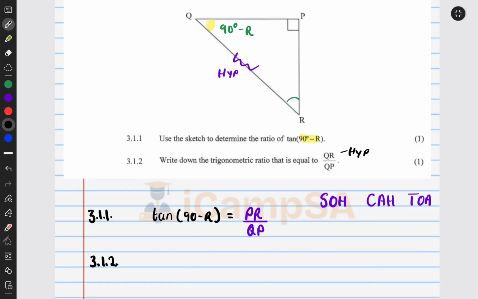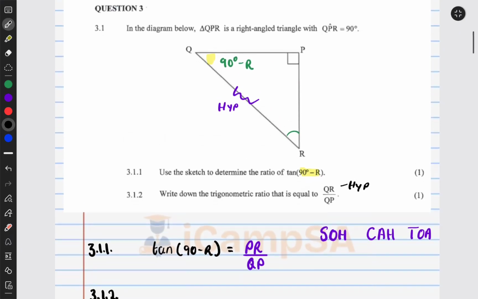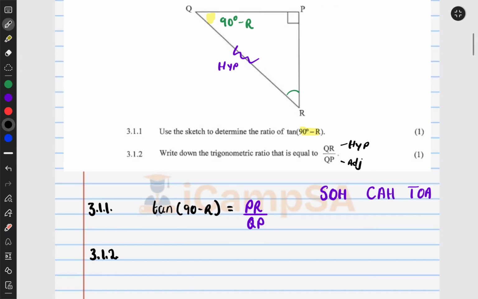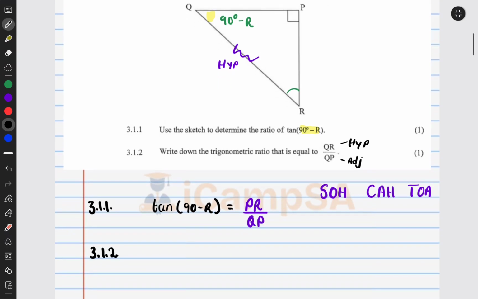QP, if we are looking at that angle of 90 minus r, is the adjacent side. We're just going to use this angle of 90 minus r, which is angle Q. So QR is the hypotenuse over QP, which is the adjacent side.